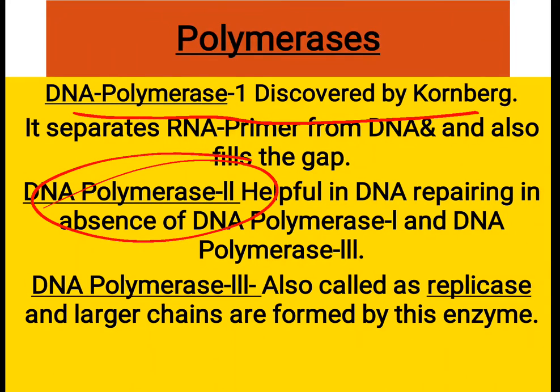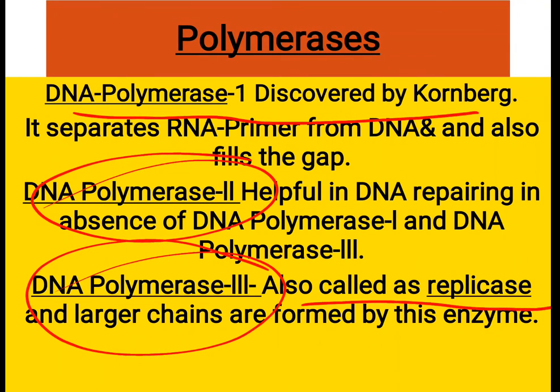It is least active in the replication process, but it is helpful in DNA repairing when there is no DNA polymerase 1 and DNA polymerase 3. When these first and third are absent, the second one does the function of replication, then the repairing of the DNA. Then the third one is the DNA polymerase 3.